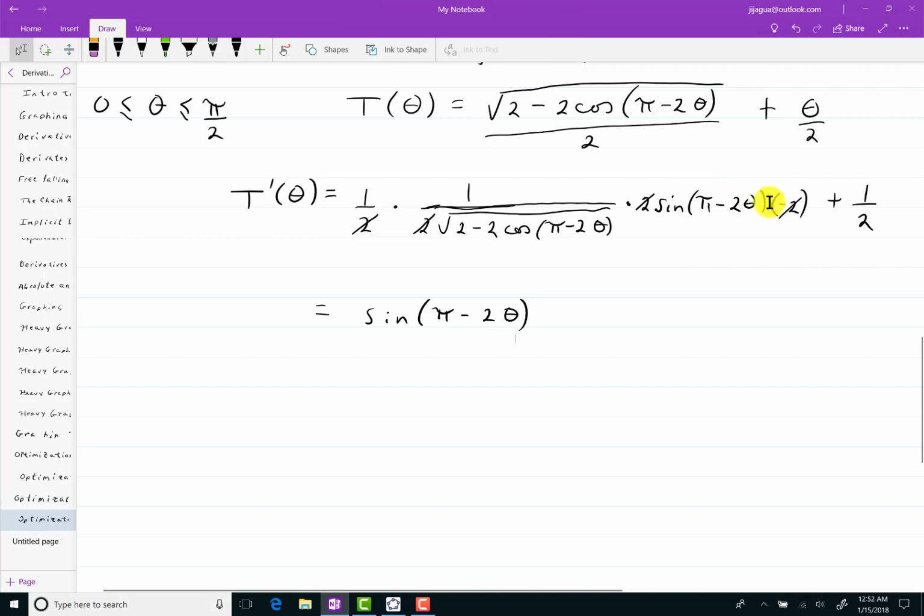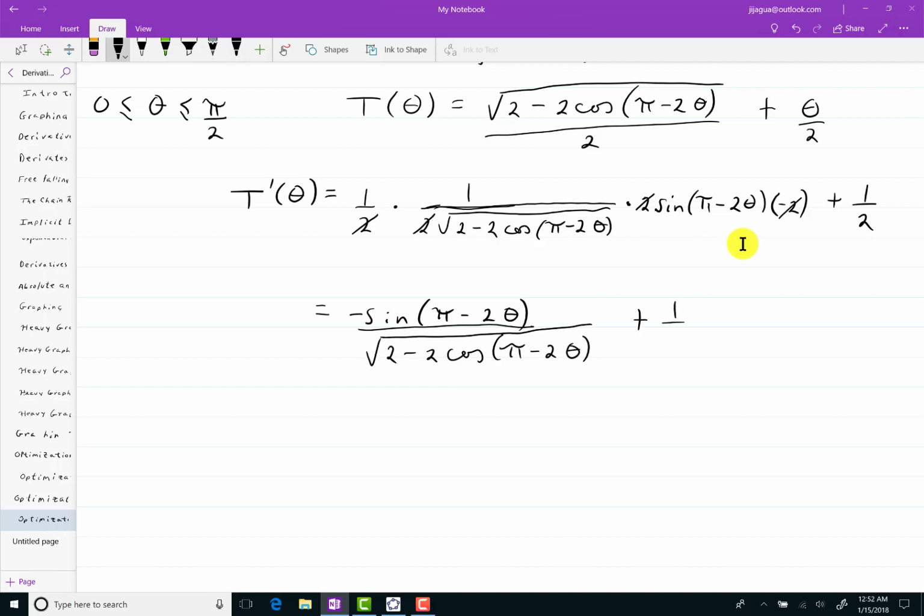Don't forget that negative. Can you imagine how painful it would be? You get a paperback and you notice that you missed that thing. So I'll put it out front so I hopefully do not forget it for the rest of the problem. Now we're supposed to be setting the derivative equal to 0, so I'll set this side equal to 0.